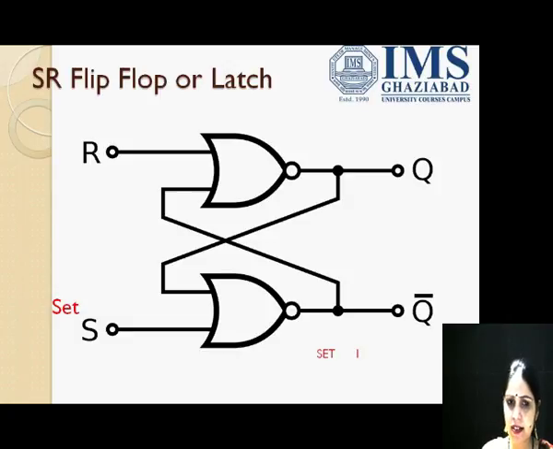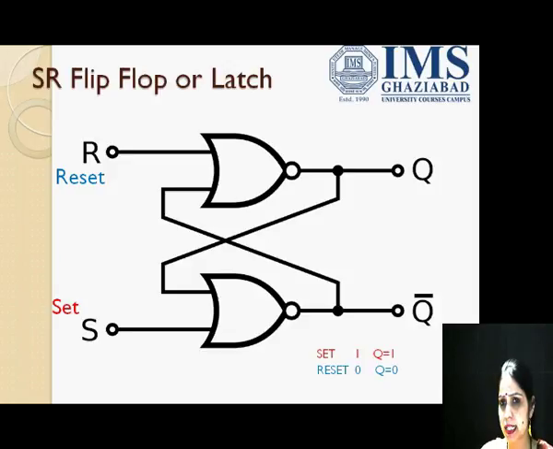And as I discussed earlier, in digital electronics, set means 1. That is, if set is 1, Q would be 1, output is 1. And if reset is 0, the output is 0. Reset means to store the value 0 to the circuit diagram, and set means to store the value 1 to the circuit diagram.